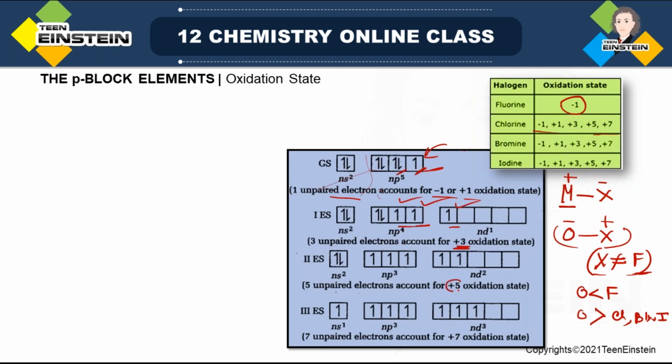Then +5 oxidation state, so we now need 5 unpaired electrons. So this pair also we have to break. Now there are total 5 unpaired electrons, and if we want to achieve +7, now the pair which is present in ns orbital should also be broken, and now we are having total 7 unpaired electrons.